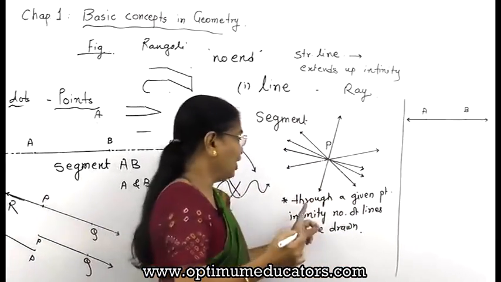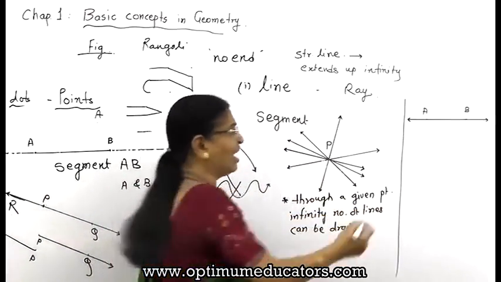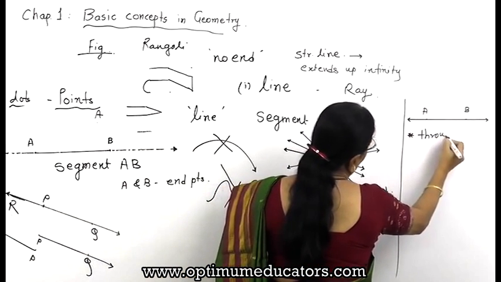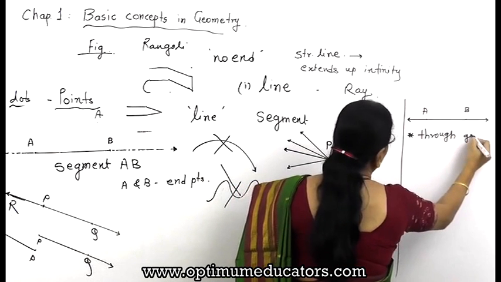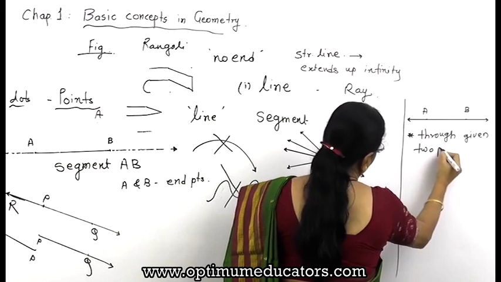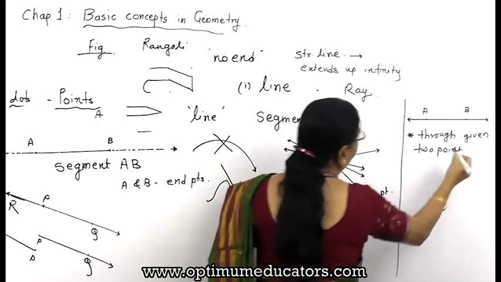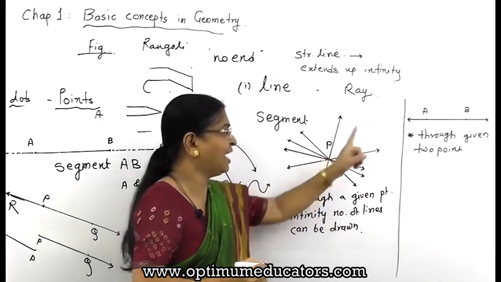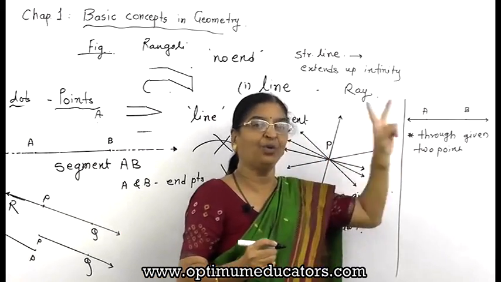I will say through a given point. Now I want to say through given 2 points. I want to draw a line through a given point, that is, a single point was there, but now I have 2 points.